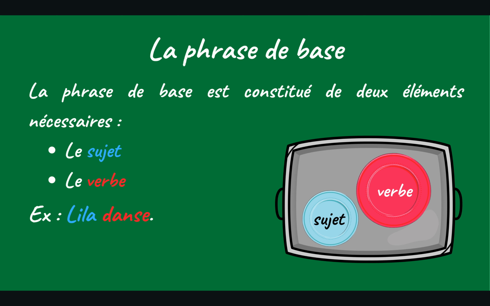You have the example like Lila danse, for example. Lila is the subject and danse is the verb. So these two elements, when you want to answer, you have to avoid using just a keyword.